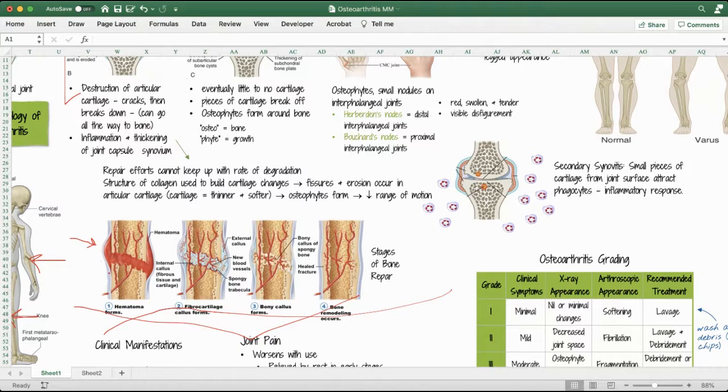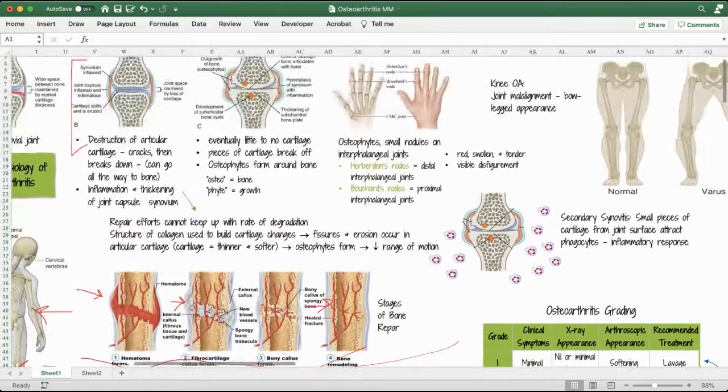You have a hematoma that forms, then fibrous tissue, and eventually complete bone remodeling. Yes, it'll be weaker, but your bone has been repaired, and bone cells are actually replaced. It's really incredible.